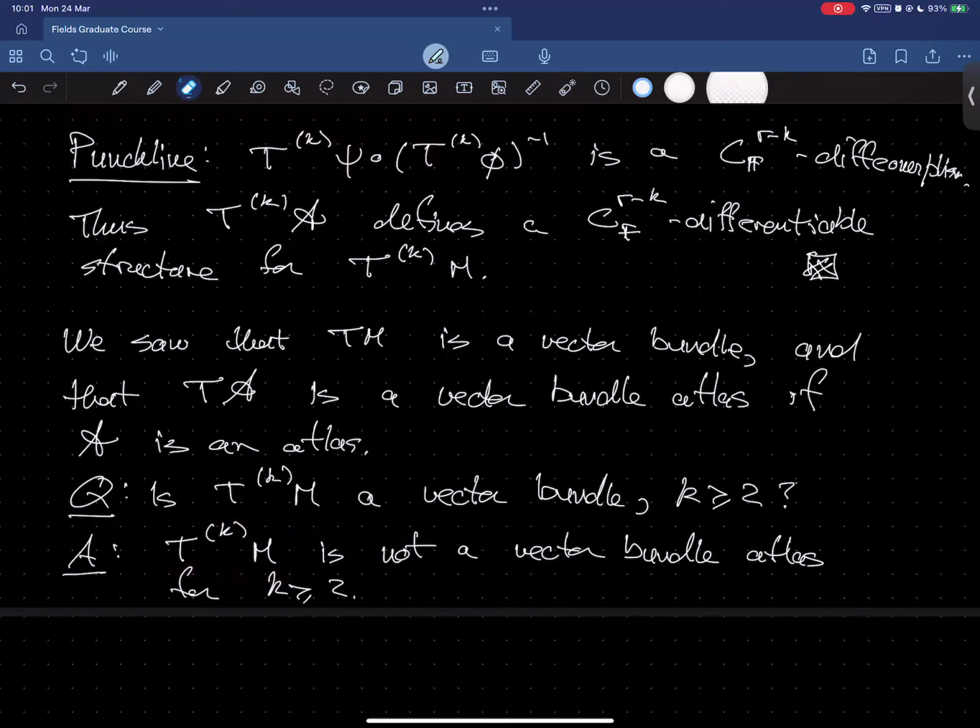So this atlas that we have put on here, oh sorry, I didn't mean T^k, I meant that. This is a canonical atlas that comes from an atlas for M and gives us an atlas for T^k M. And that atlas is not a vector bundle atlas.